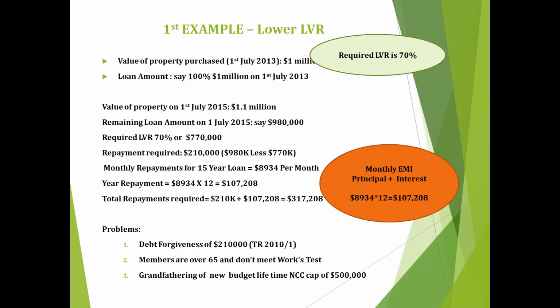With a 70% LVR, the amount of loan must now be reset to 770,000, which means that 210,000, which is the 980 less the 770, must be repaid together with monthly EMI amounts of 8,934 times 12, the principal plus interest, for 2015-16, which works out to 107,208.